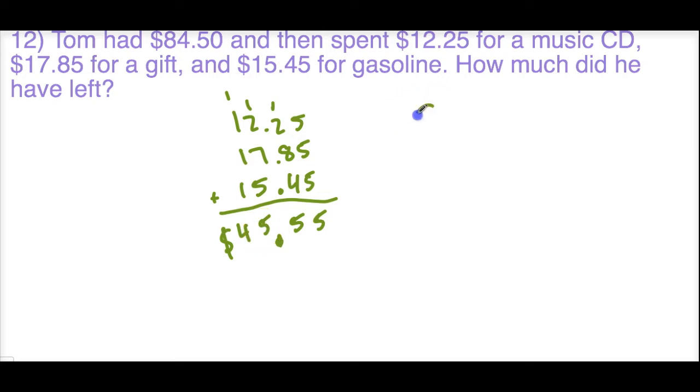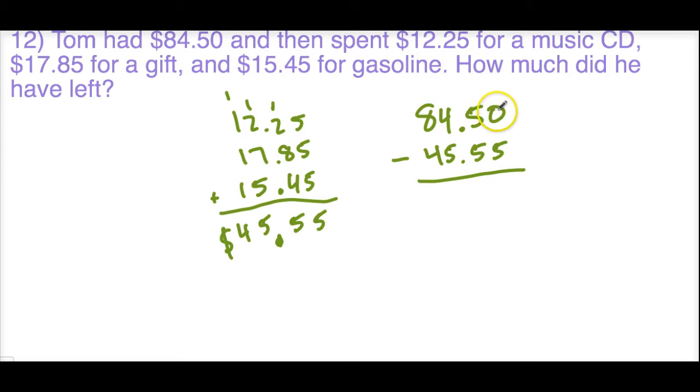I'm going to then come over here to how much money he had, $84.50, and subtract the money he spent, which was $45.55, I apologize. Okay, so 55 cents. So now I can subtract.